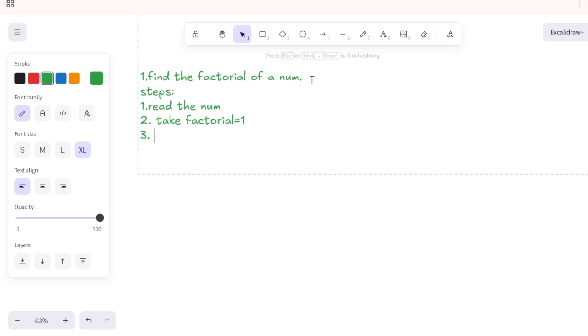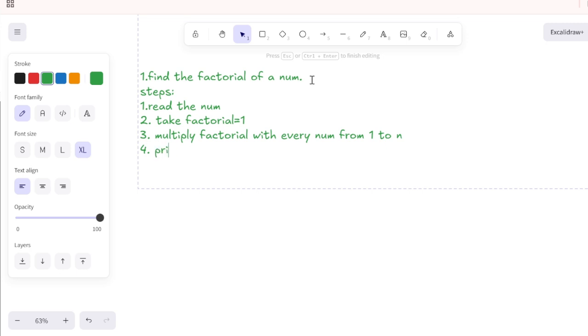And third one is just multiply factorial with every number from 1 to n. Then finally, you need to print the factorial. Print factorial. We used a factorial variable, so I'm not confusing you.